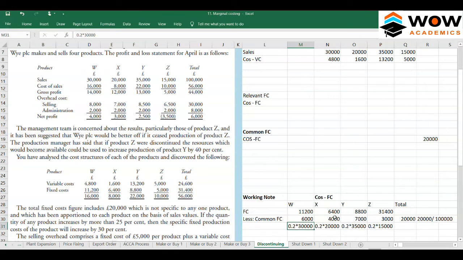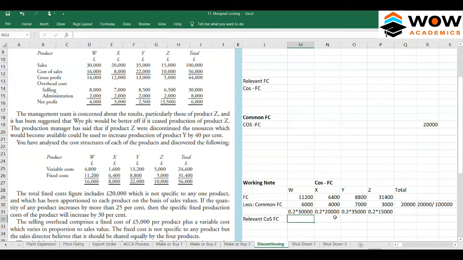So this is how the 20,000 common fixed cost has been added to the total fixed cost. Okay, so we have to remove this. If you remove this, we'll get the relevant fixed cost. So this is the relevant fixed cost.